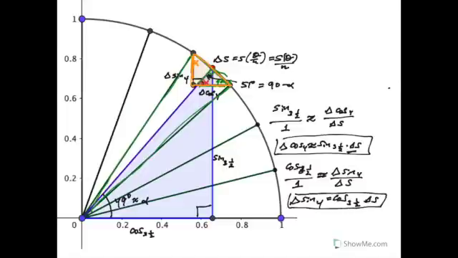And these can be generalized further by saying delta cosine n is approximately equal to sine of n minus 1/2 delta s. And for the other one, delta sine n is equal, or approximately equal, depending on how you feel about that arc, to cosine of n minus 1/2 times delta s.